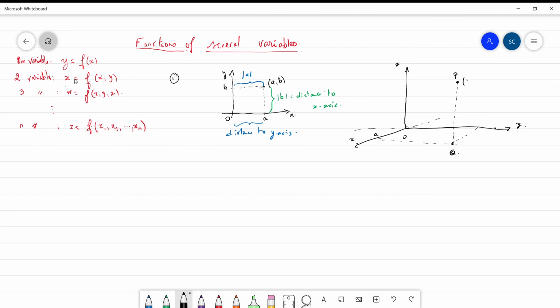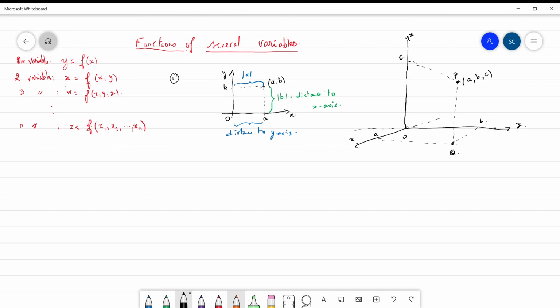Then P is the point Q displaced by a height of c. So there will be a distance c. Finally, I will locate the point P by three coordinates (a, b, c). This is how we proceed in space.